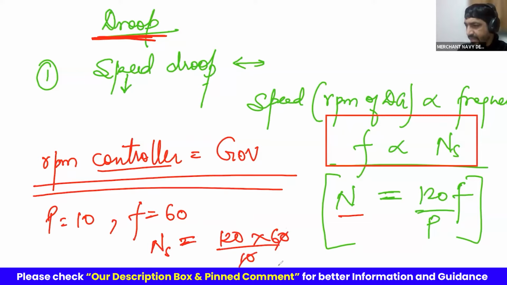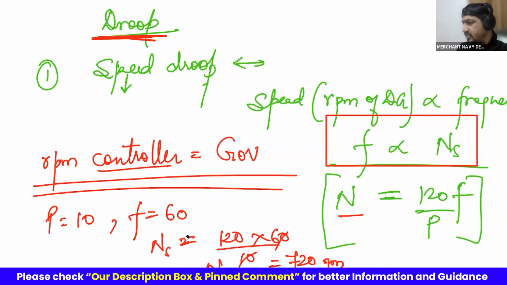This comes to 720 RPM, isn't it? Yes, sir. So generators of 10 poles are usually run at 720 RPM. Meaning that if you give 720 RPM, it can give you 60 hertz frequency. If you do not maintain 720, then 60 hertz will not be maintained.